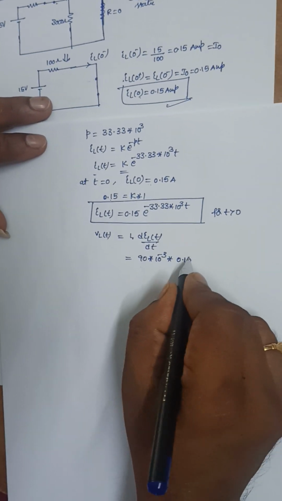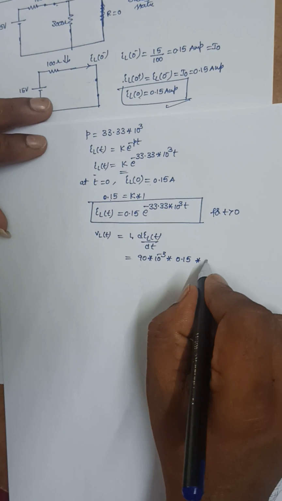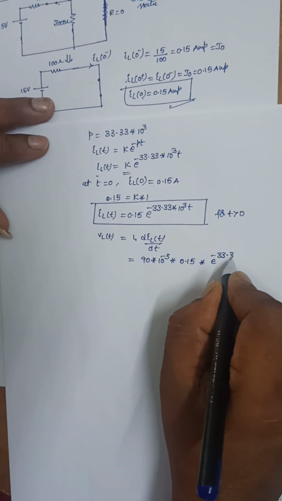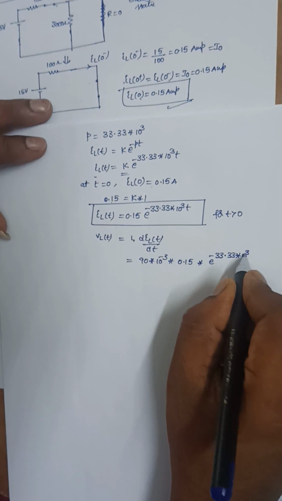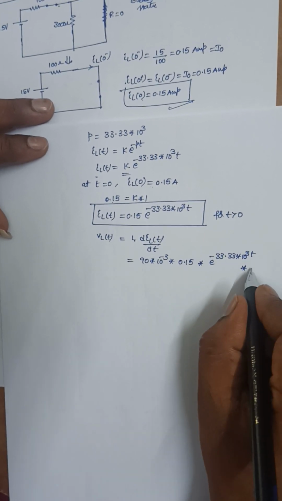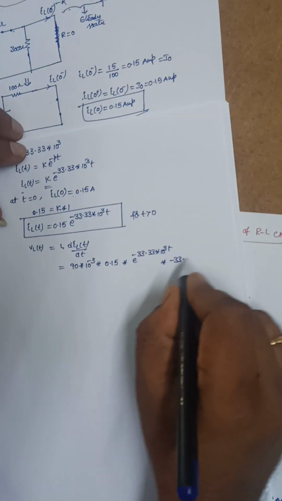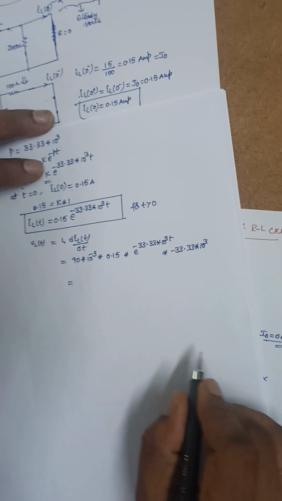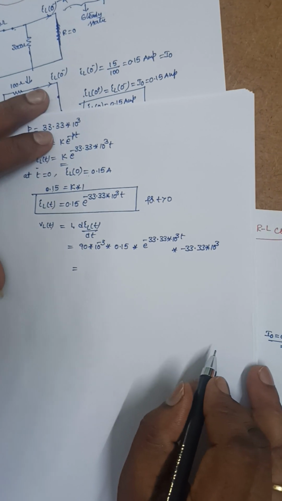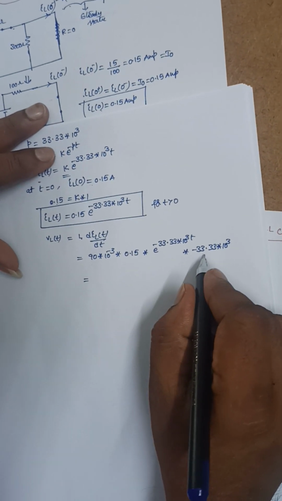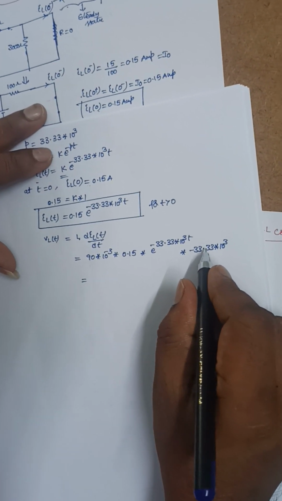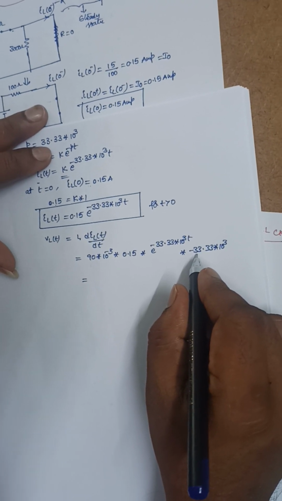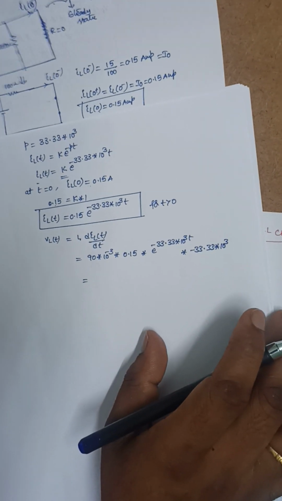If I differentiate this expression, it is e power minus 33.33 into 10 power 3 t into minus 33.33 into 10 power 3. Now 33.33 is 3000 divided by 90, we already calculated this.